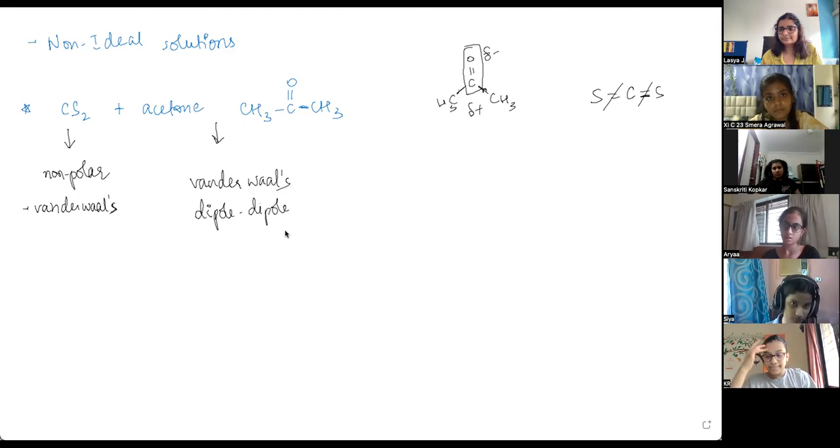So when we were doing Finkelstein, that time you made us write that dry acetone is used as a non-polar solvent. In terms of polarity, it's not as polar as water. The polarity is not as high as water, but there is going to be a slight amount of polarity between carbon and oxygen. Again, polar, non-polar is not black and white.